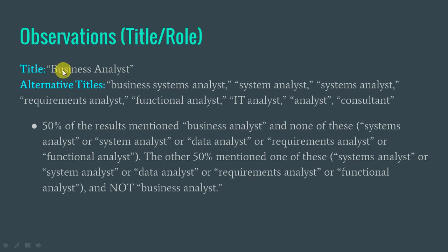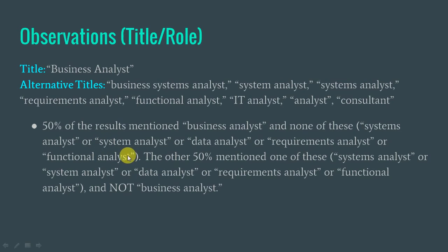For example, business analyst alone with no alternative titles in his search, he got only 50. But when he added the alternative titles, business systems analyst, requirements analyst, and functional analyst in his search, he got another 50, making it 100.